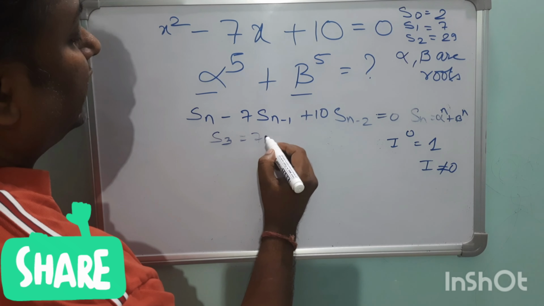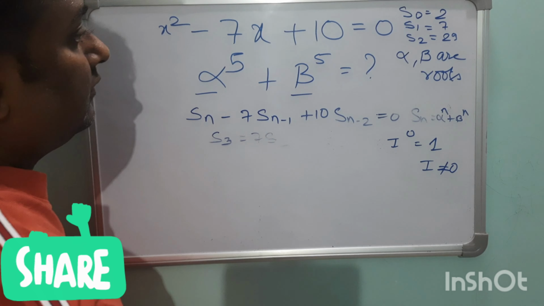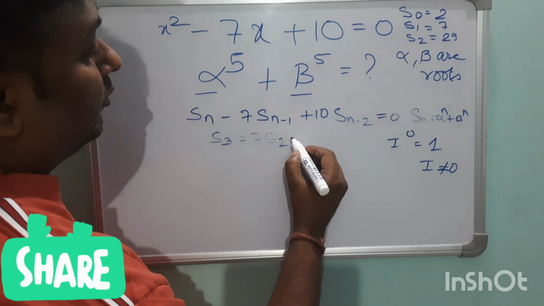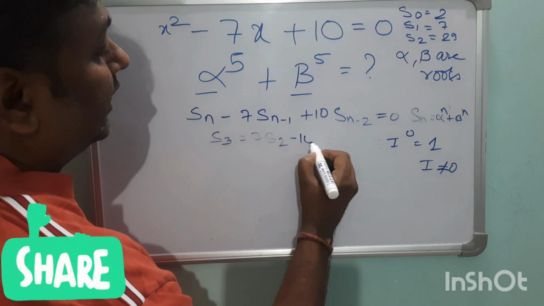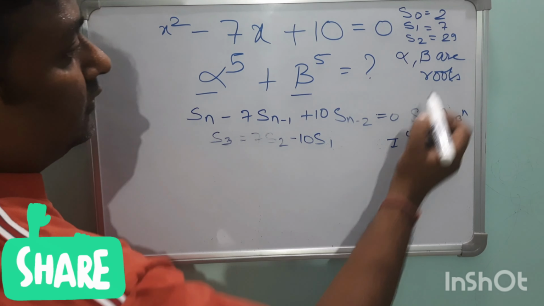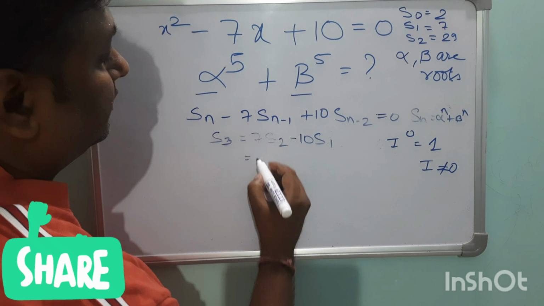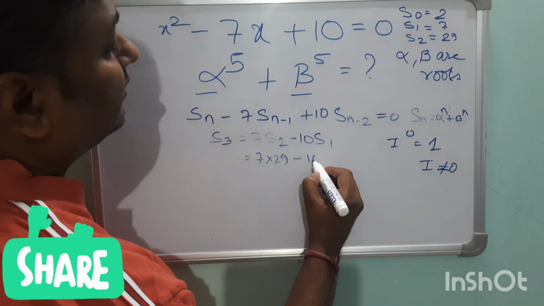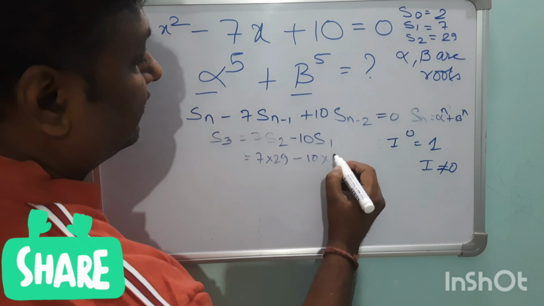S3 will be 7 times S2 minus 10 times S1. S2 we know, 7 times 29 minus 10 times S1, that is 7.